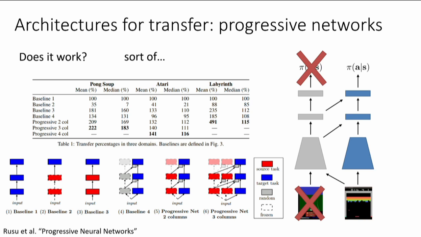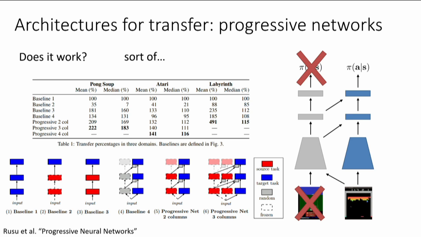It has the same architecture, the same number of parameters, but instead of transferring the left stack, we just initialize it randomly. It's a control to make sure the additional parameters aren't helping simply because they're parameters, but that there's actually transfer. And then the actual progressive network transfers the left stack and trains the right stack. You can also transfer with multiple columns like this from multiple different prior tasks.